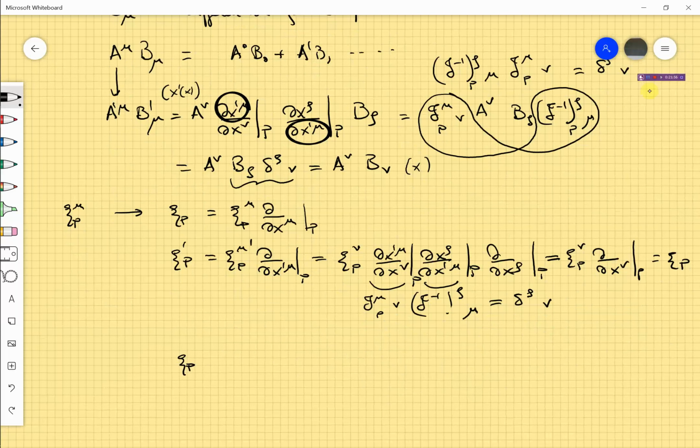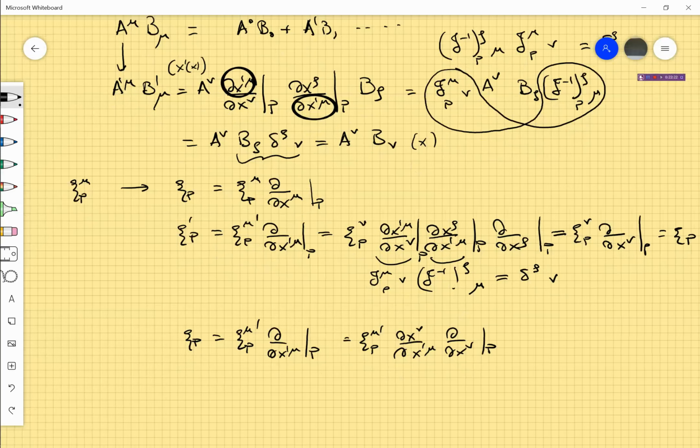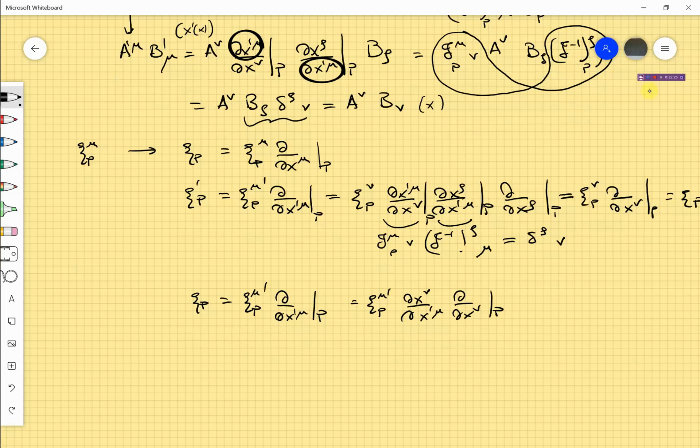If I don't remember how psi transforms, I will get it from this expression. So if I have psi p and I know that it is the same in any coordinate system, if I start with this expression in this primed coordinate system, I just apply the chain rule to the partial derivative, and this is the transformation law. It looks different because here this is the inverse relation, if you want, psi mu and psi mu prime.